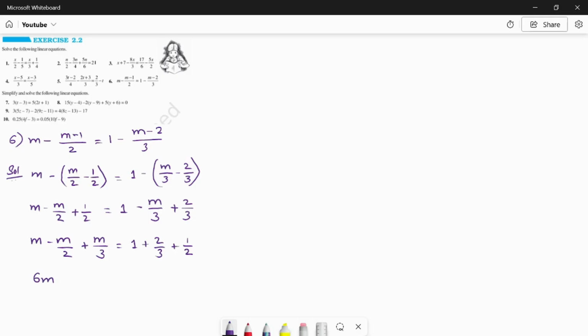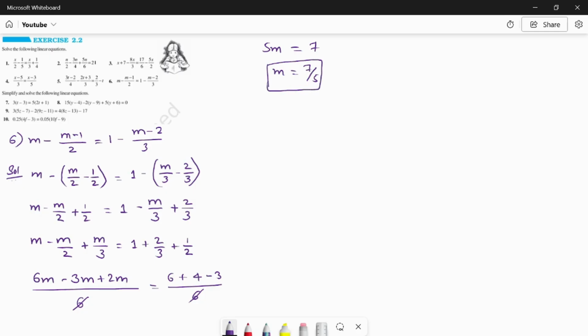So (6m - 3m + 2m)/6 = (6 + 4 - 3)/6. 6 and 6 will get cancelled. 6m - 3m is 3m. 3m + 2m is 5m equal to 6 + 4 is 10. 10 - 3 is 7. So m is equal to 7/5.